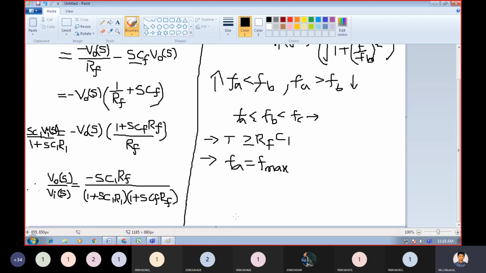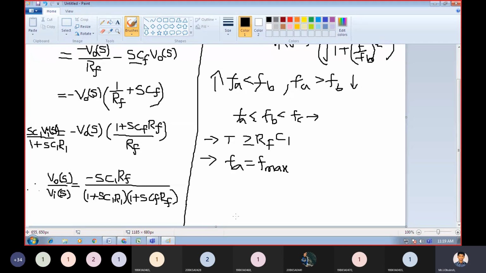Assume that the practical capacitor value C1 should be less than 1 microfarad, and you need to calculate the feedback resistor value. You have a frequency value and you have a capacitor value. Then based on those two values, you will be able to calculate the feedback resistor RF value.